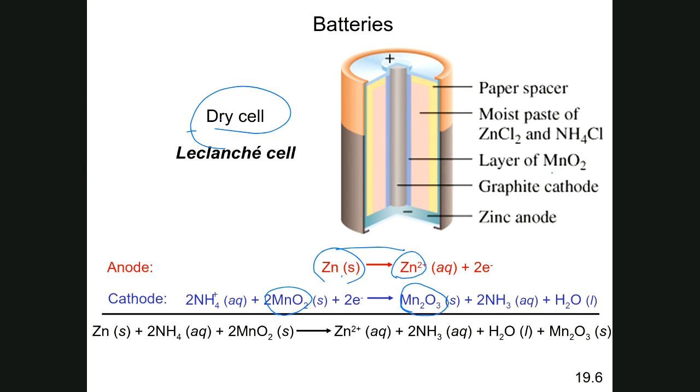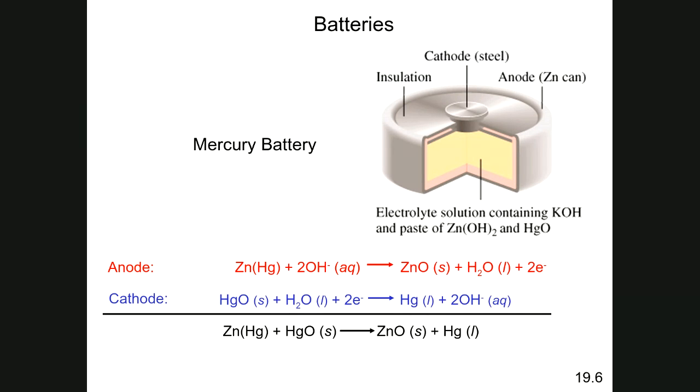For the dry cell, we are dealing with zinc and manganese. For the mercury battery, we are going to deal with zinc and mercury. Zinc is being oxidized. Zinc from 0 is going to zinc 2+, and here is 0, losing 2 electrons.